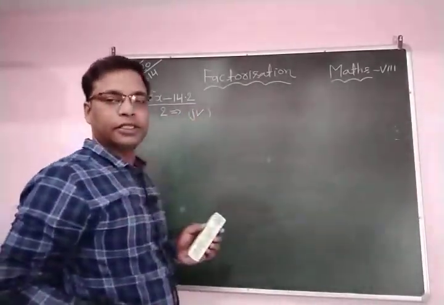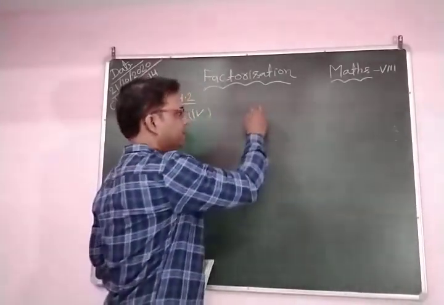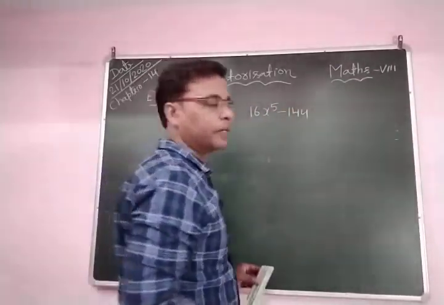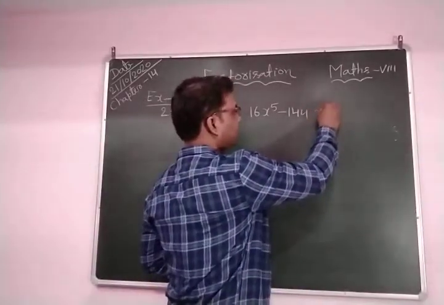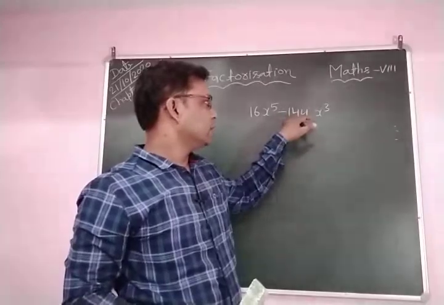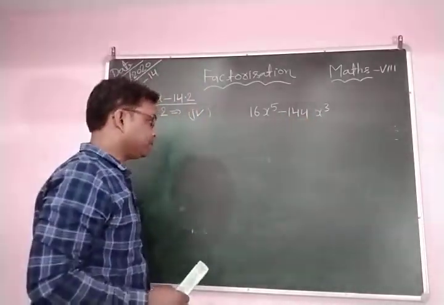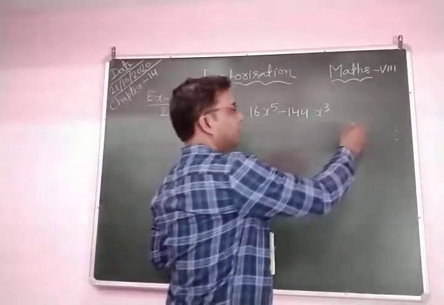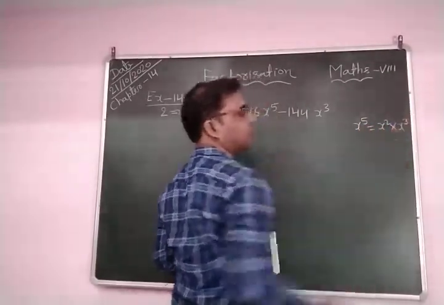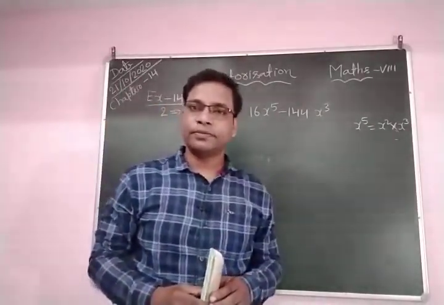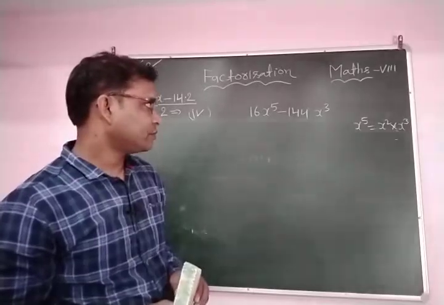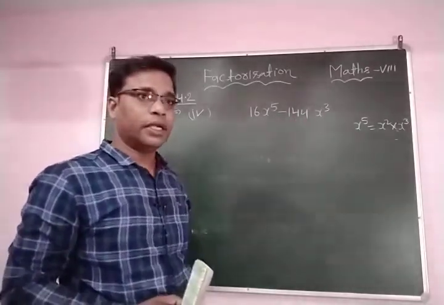Here this is given 16x⁵ − 144x³. So first you can write x⁵. x⁵ is equal to what? x² into x³. Okay, x⁵ is equal to x² into x³, and 144 is equal to 16 into 9.